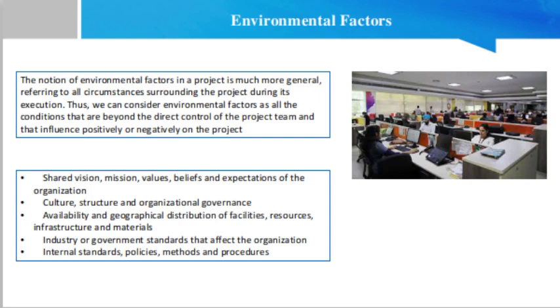Environmental factors inherent in the organization: shared vision, mission, values, beliefs, and expectations of the organization, culture, structure, and organizational governance, availability and geographical distribution of facilities, resources, infrastructure, and materials, industry or government standards that affect the organization, internal standards, policies, methods, and procedures.